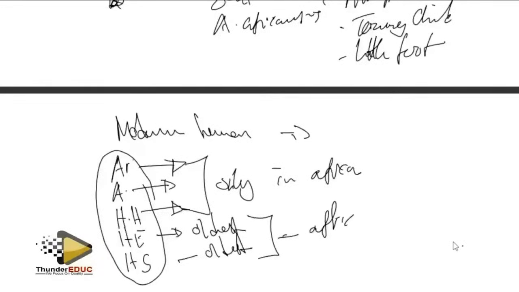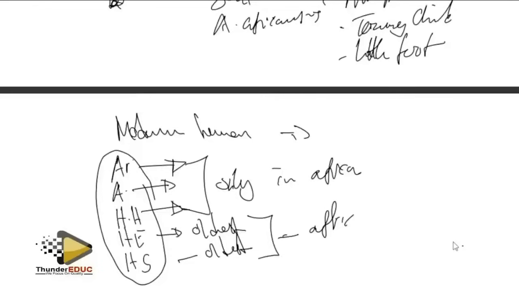I repeat: the fossils of Ardipithecus, Australopithecus, and Homo habilis were only discovered in Africa. The fossils of Homo erectus and Homo sapiens, the oldest fossils, were discovered in Africa. That's how you're supposed to write the answer.